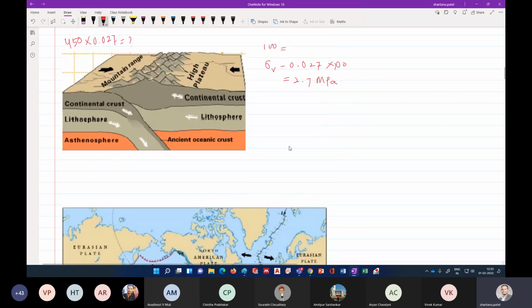Like, let's say this is what is happening. Okay, so this is our continental drift kind of thing, right? Let's say this is our Himalaya region. So this is the Indian plate, and this is the Asian plate, right?